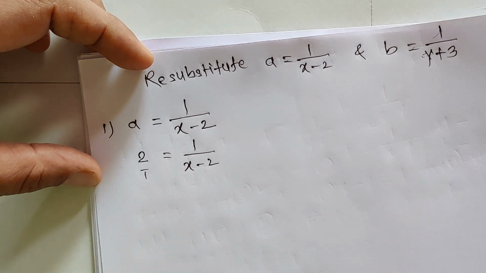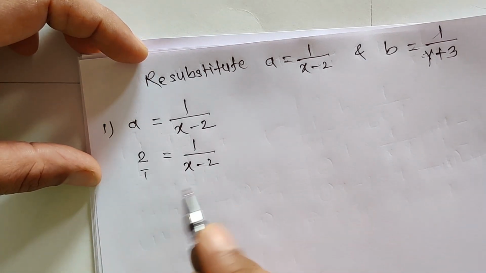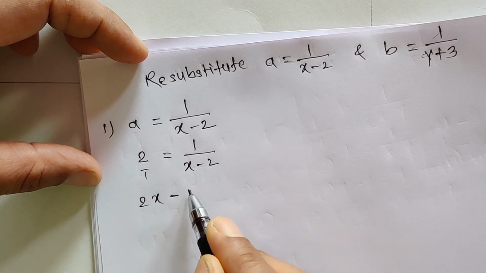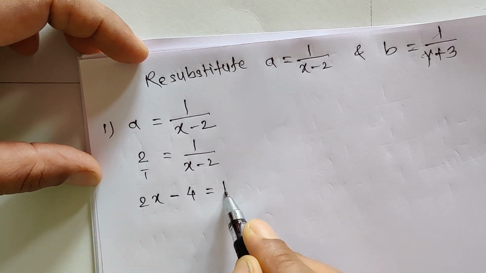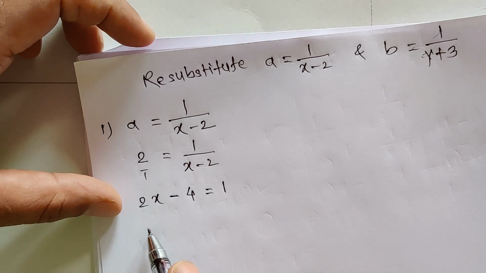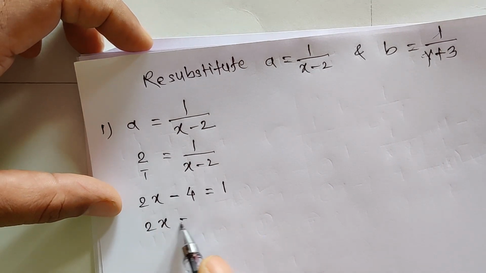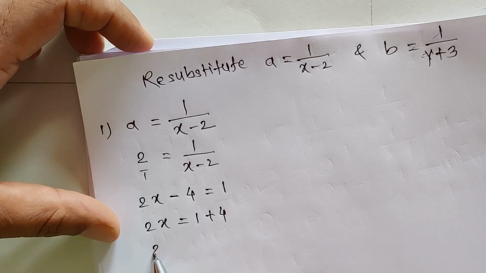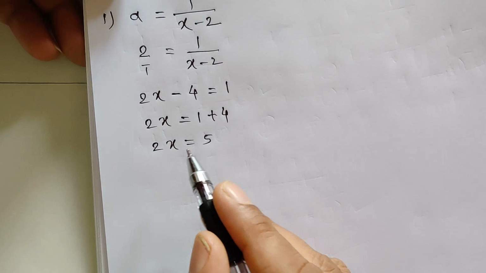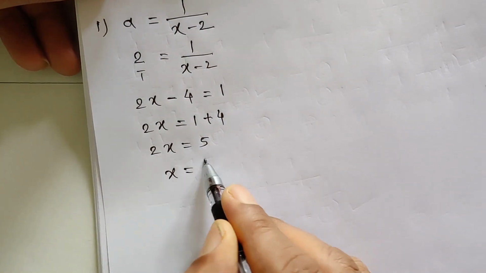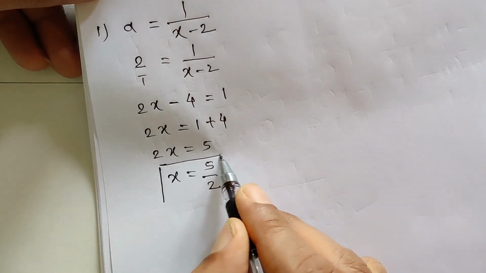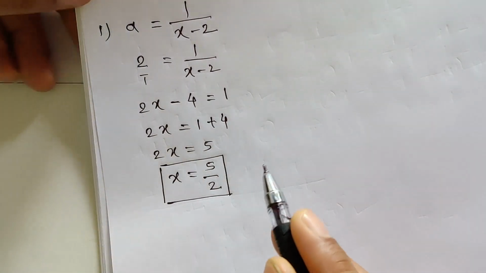By cross multiplication we get 2x minus 4 is equal to 1. So 2x is equal to 1 plus 4. So 2x is equal to 5, means x is equal to 5 by 2. So in this way we get the value of x as 5 by 2.